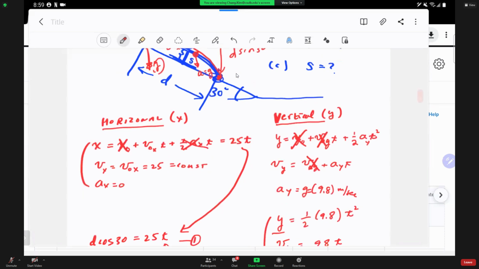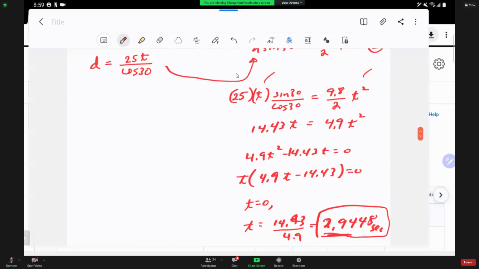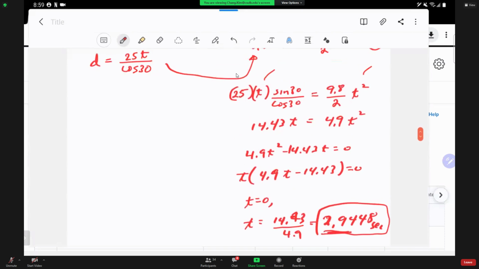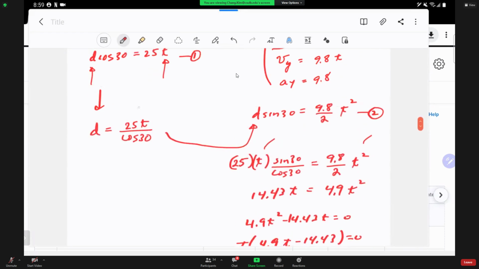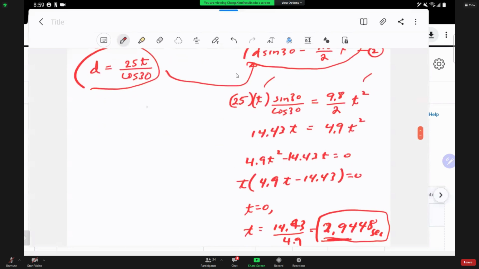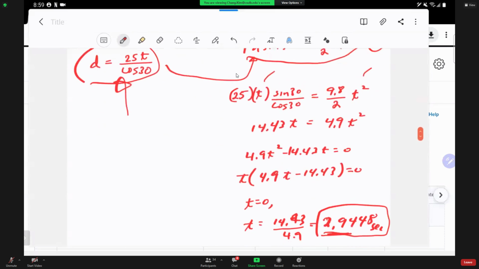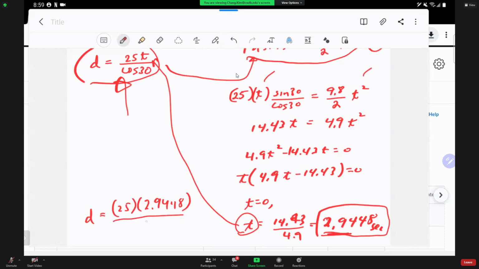Now the distance d that we want to know, you can use either this or this. It doesn't really matter. So this looks very simple to me. So I'm going to substitute the t here. So my d would be 25 times 2.9448 divided by cosine of 30.